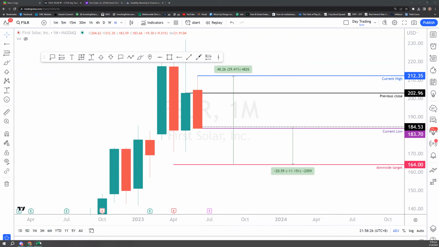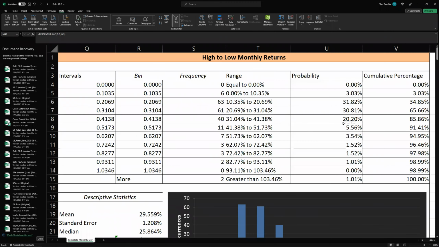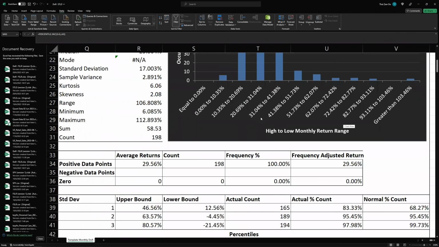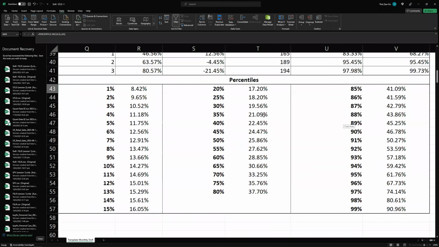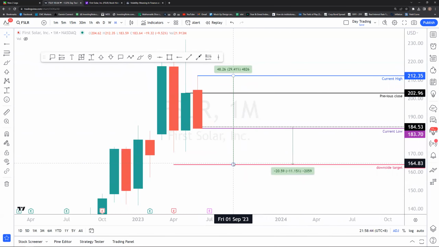So let's look at the high to low probability. 29% is somewhere here. What we want is 29% and higher. We don't want 29% and lower, because 29% and lower means we are hitting the lower. Because we are looking at this as a stop loss, we want 29% and higher.